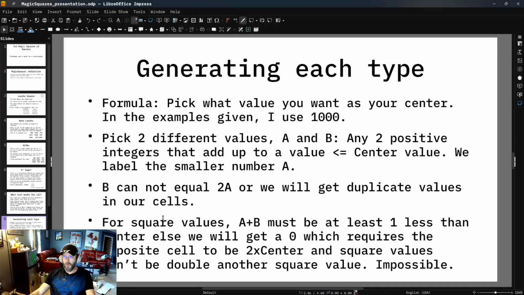And so now that we know how to generate a magic square, we know that we're either going to get a low shoe, near low shoe, or a high shoe, right? Those 3 types. And so I have figured out what it is that makes them become those types, right? For a low shoe and a near low shoe, I actually can't remember off the top of my head what it is.